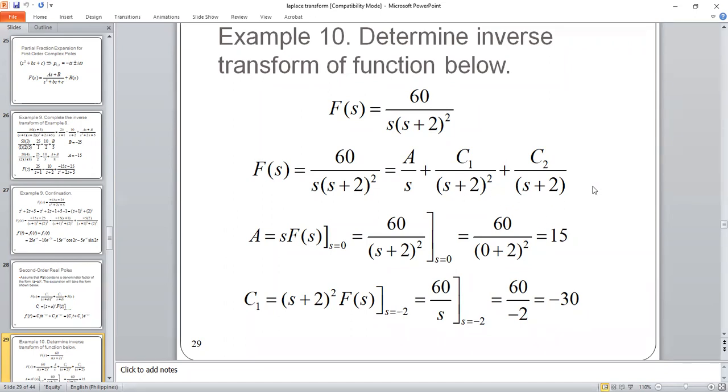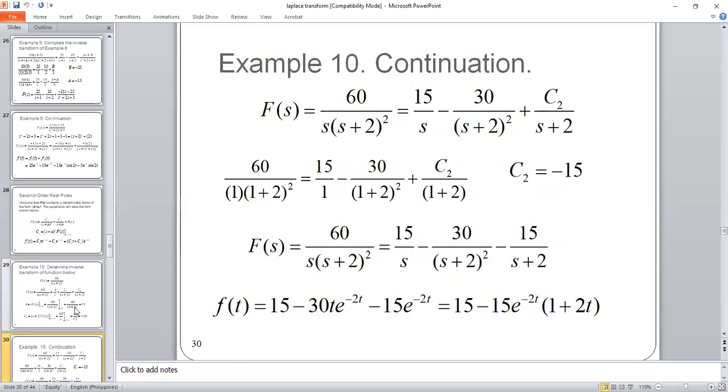The procedure would still be the same as the method of undetermined coefficients in finding A, c sub 1, and c sub 2. So in this case, you have these values here. And when you invert, the same thing. 15 over s is 15. This (s plus 2) raised to 2 tells you that your standard t raised to n was already shifted.